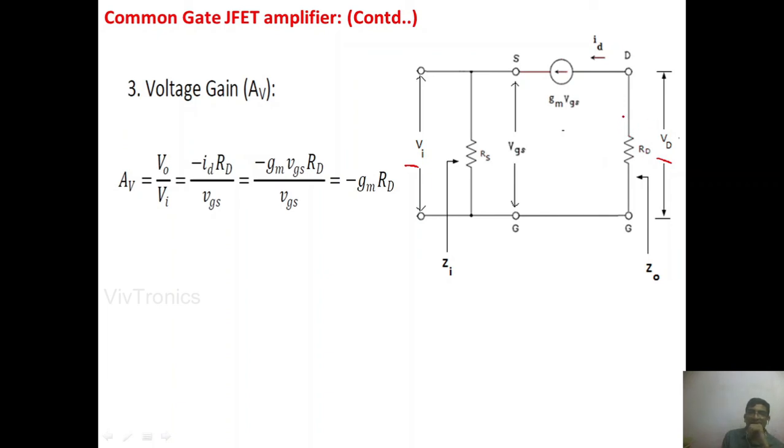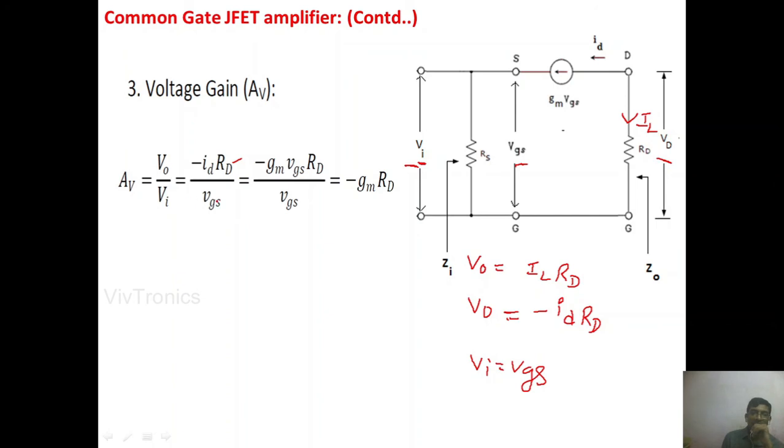The voltage across RD can be given as, suppose you take IL as the load current, then we can write V0 is equal to IL into RD. But IL direction and ID direction are opposite to each other. Therefore, we can write V0 is equal to minus ID into RD, and VI is equal to VGS. Both are in parallel combination.